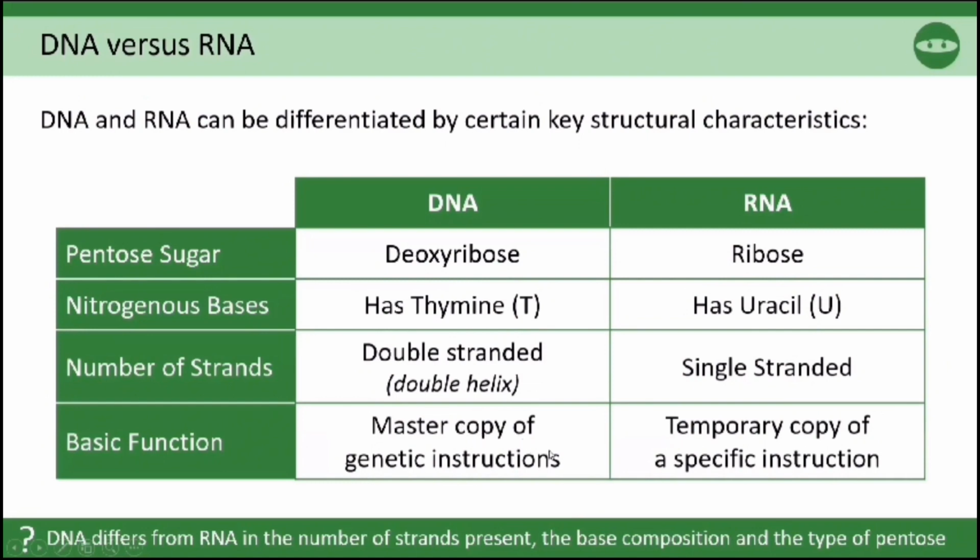It's the master copy of genetic instructions, a full copy of all instructions inside the cell, while RNA is only a temporary copy of specific instructions used as a template to synthesize proteins.